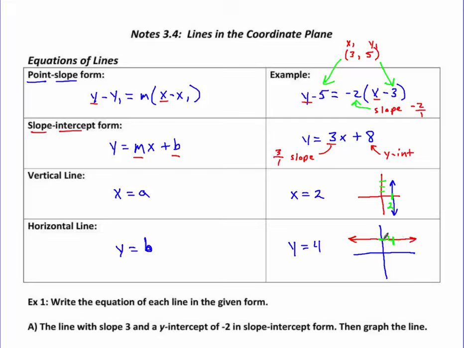All the points along this horizontal line would have 4 for their y value. So this would be 0, 4, 1, 4, 2, 4, 3, 4, 4, 4, 5, 4, and it would just go on forever. The x values would be any number along the x-axis, but the y values, the up and down, would only be 4.